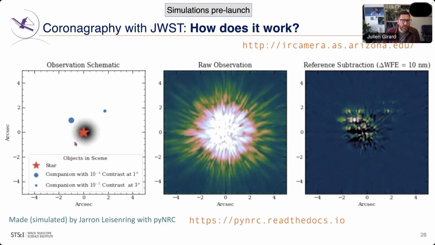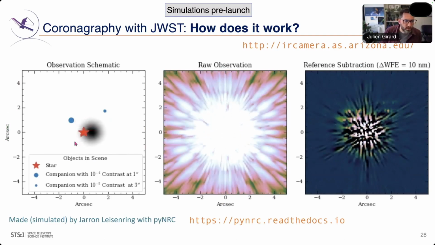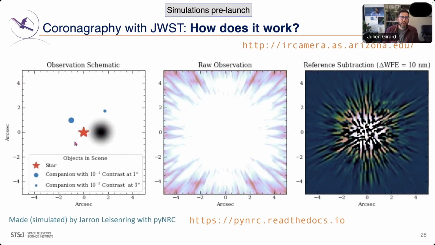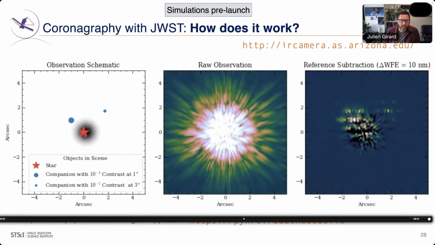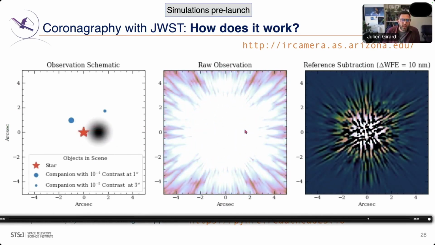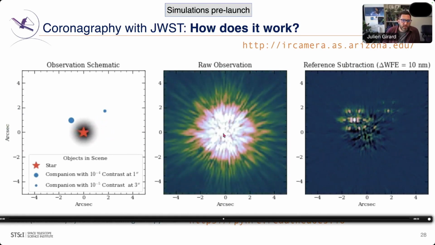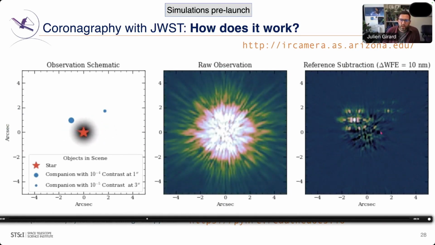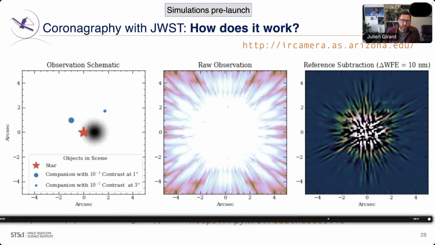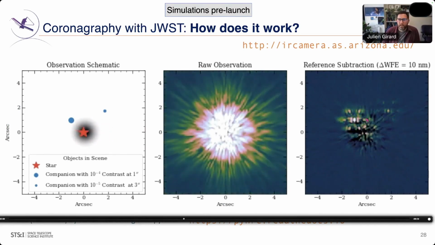And this is also a pre-launch simulation done by Jarron Leisenring, where when the star goes behind the mask, you can see the attenuation in the center. But the attenuation is not quite enough to see any companion. In this case, there are 2 injected companions. To actually see the companions, you also have to subtract the reference star.